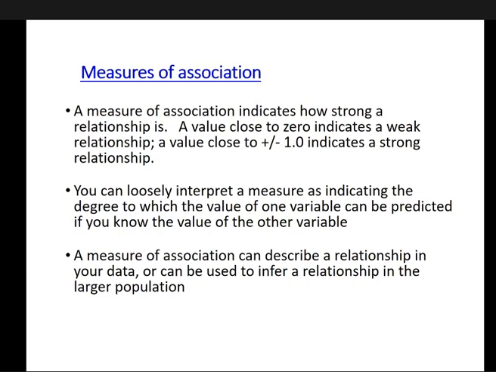And this association measure gives values ranging between negative 1 and positive 1, and a value that is close to 0 indicates a weak relationship, and a value close to either +1 or -1 indicates a strong relationship in whichever direction, where it is strongly and negatively related or strongly and positively related.